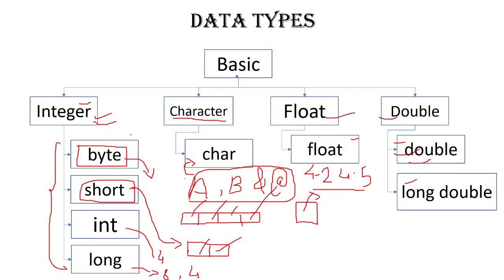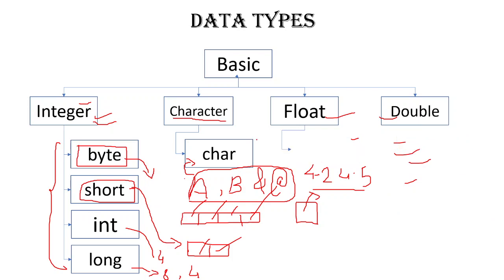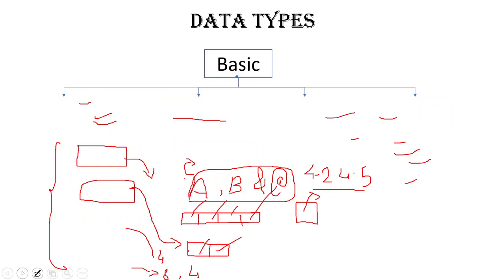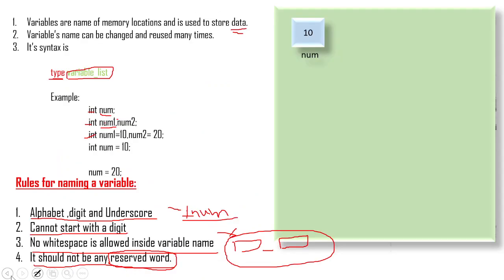Okay, so these are the very basic data types that are used in the C programming language. Let me go to the previous slide and these things will be more clear. See, whenever we say, suppose here we have said int num, what will the compiler or the computer do inside the memory?